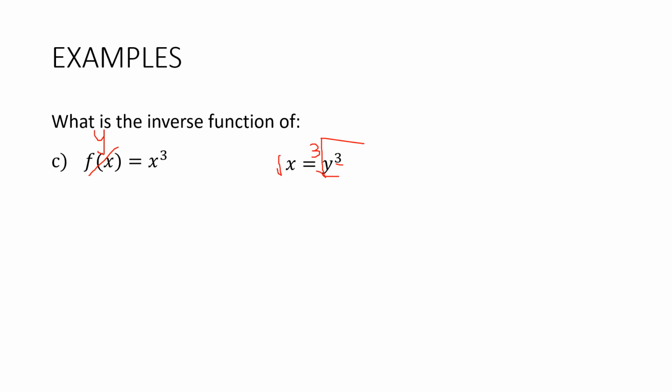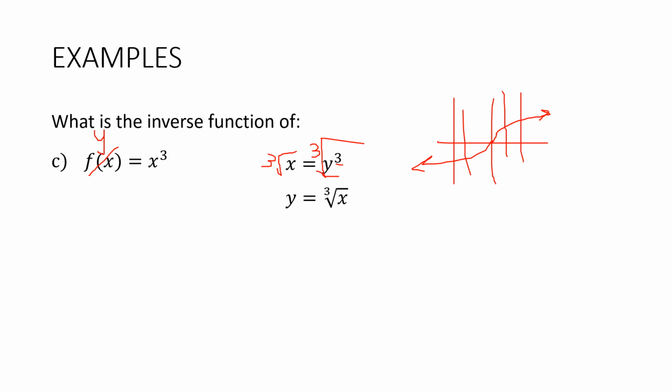Of both sides. Okay, so y will equal the cube root of x. Now in this case, a cube root will look like this. And it is indeed a function wherever I draw a vertical line. So I can write f to the -1 of x is equal to the cube root of x.